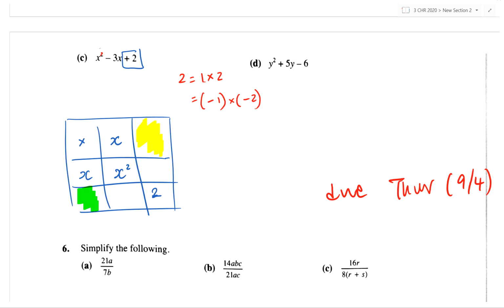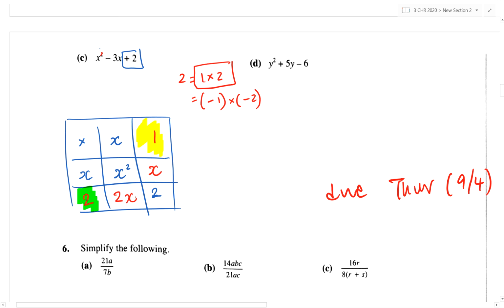Now suppose I'm going to do a guess right now. I'm going to put in 1 over here and 2. So checking, 1 times 2 gives me 2 over here. Okay, makes sense. Now I'll fill up the next blank. 1 times x is x. 2 times x is 2x.